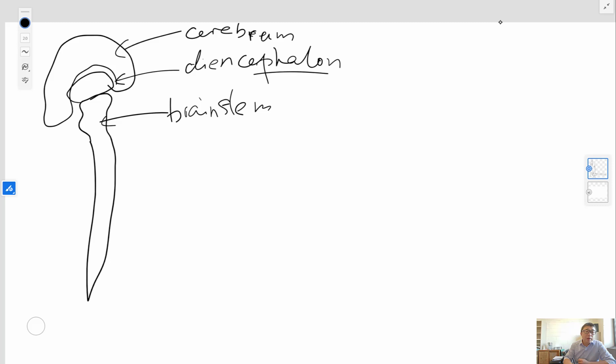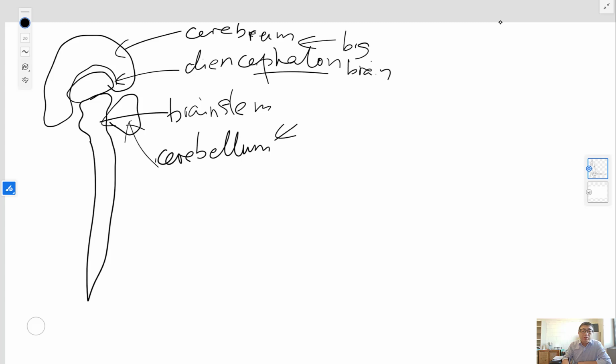And then here, there's a small part, kind of a bypass in the main traffic. This is called the cerebellum. In Latin, cerebrum was the big brain, and cerebellum is the little brain. So next we'll talk one by one about what the function is.